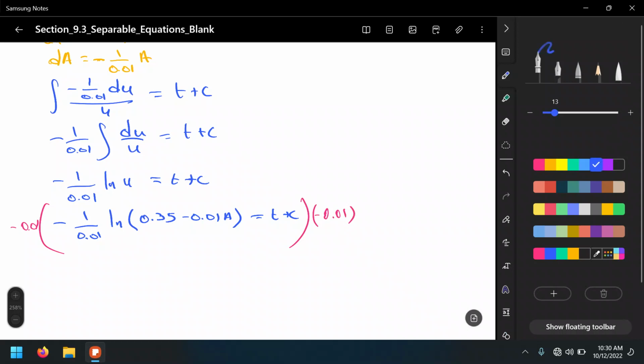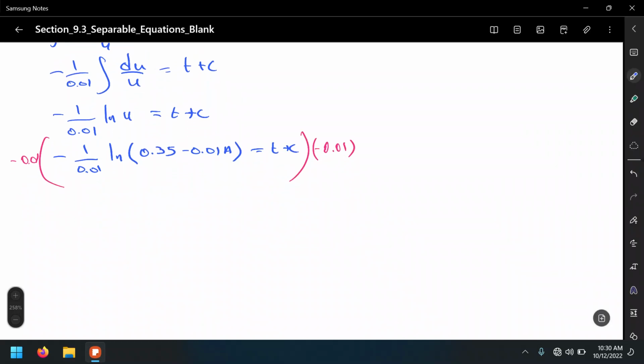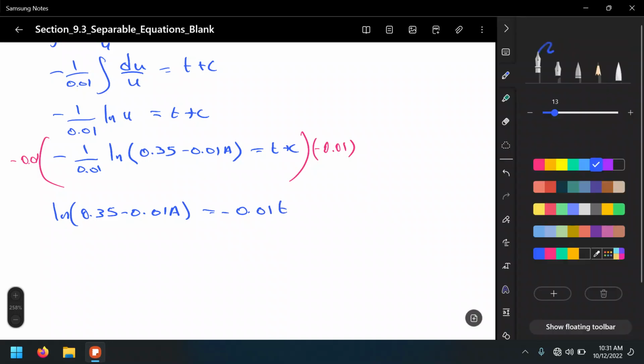That's going to give us ln of 0.35 minus 0.01A equals, number one, negative 0.01 t, but recall that by absorption, when we distribute these multiples over an arbitrary constant that is yet to be determined, that just remains a c again, all right?